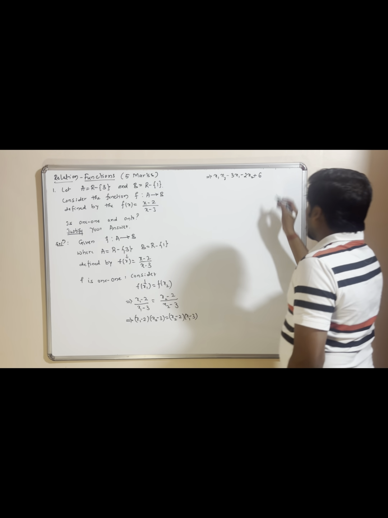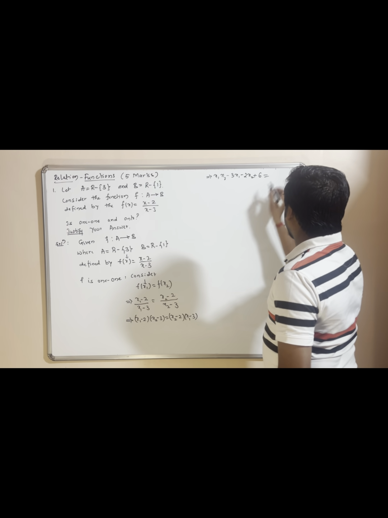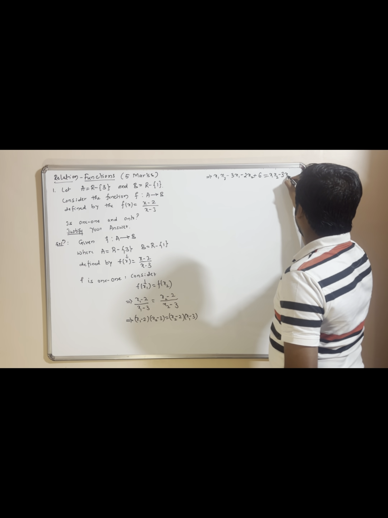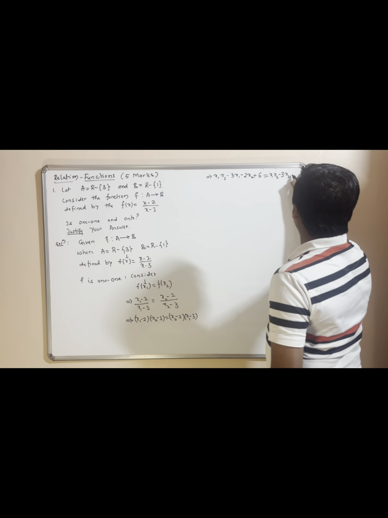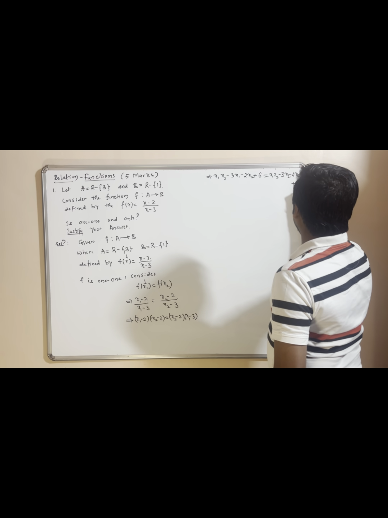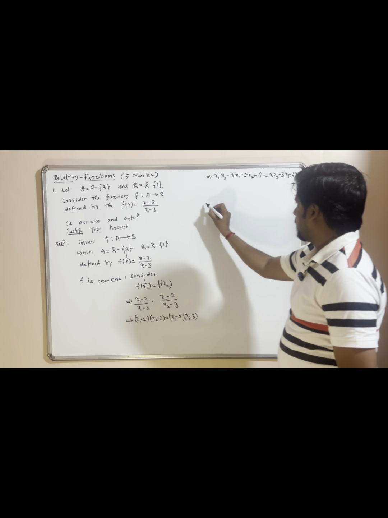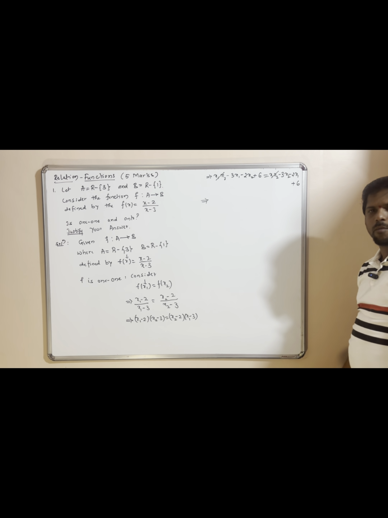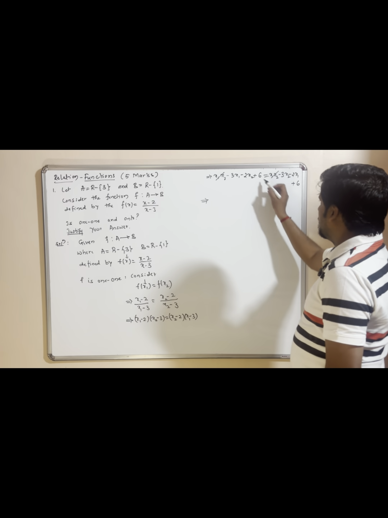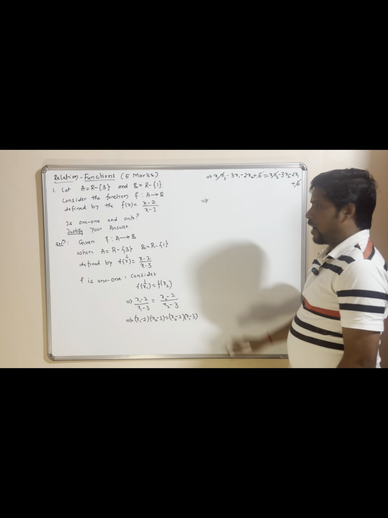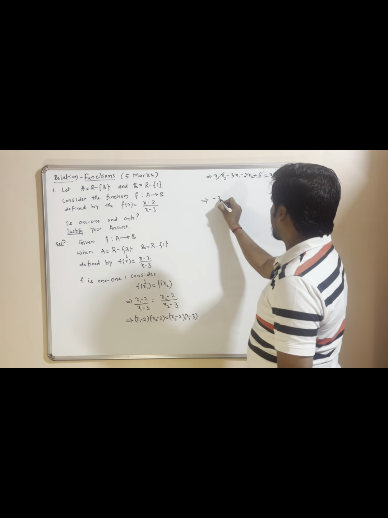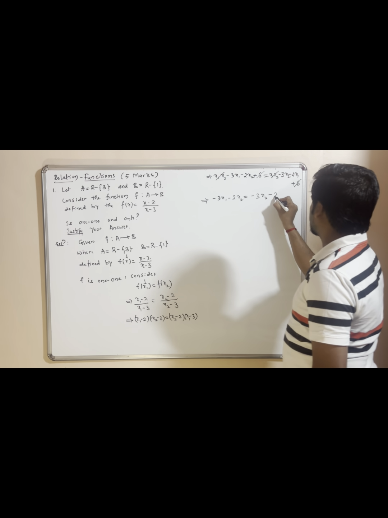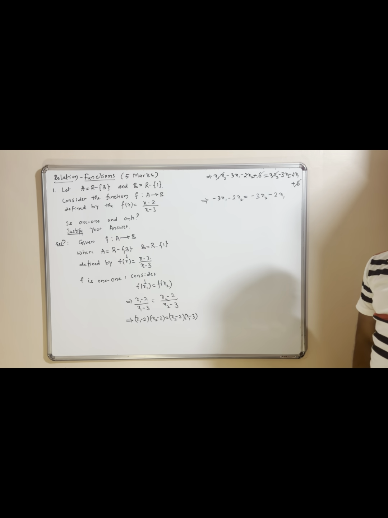This is the LHS part, and the RHS part is x1 x2 minus 3x2 minus 2x1 plus 6. Here x1 x2 on both sides LHS and RHS get cancelled. Similarly 6 and 6. In the LHS part we have minus 3x1 minus 2x2 is equal to minus 3x2 minus 2x1 in the RHS part, right?